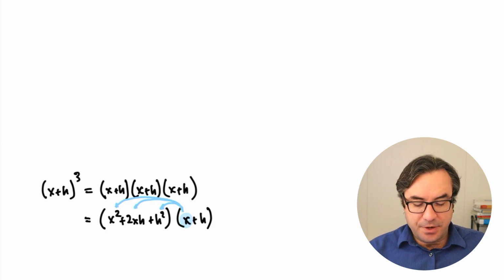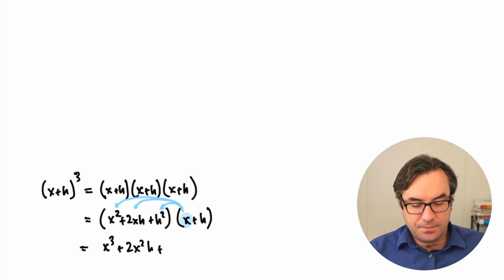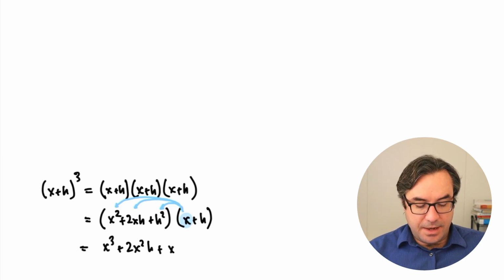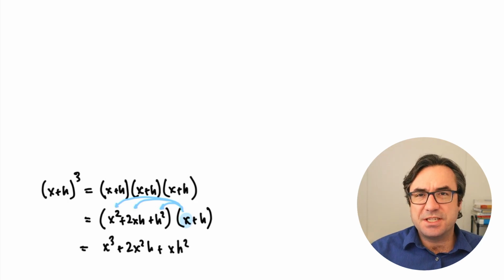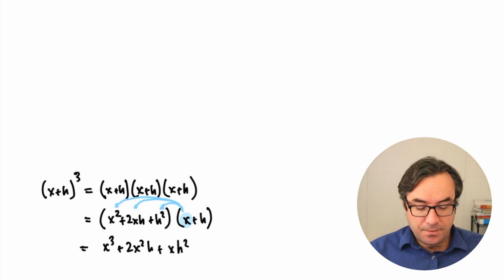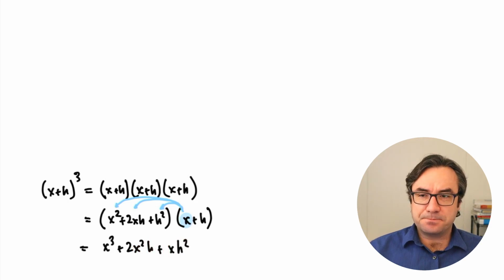So when I distribute in that x, I get x cubed plus 2x squared h plus x times h squared. When you do this, you want to be consistent with the order that you write the variables. So I started with x first and then h. So that's why I switched the order here.